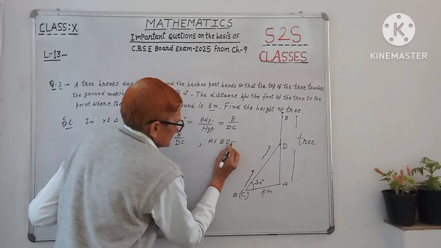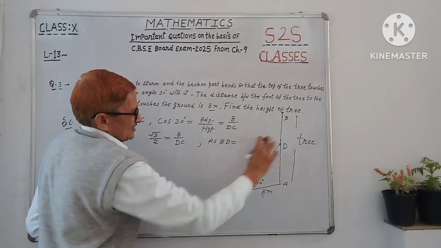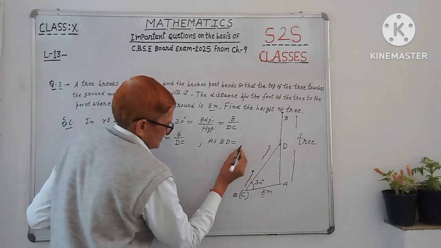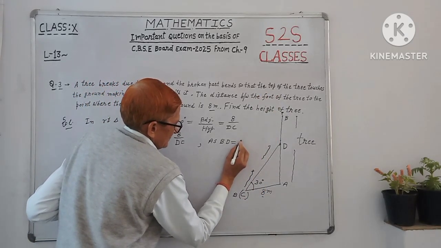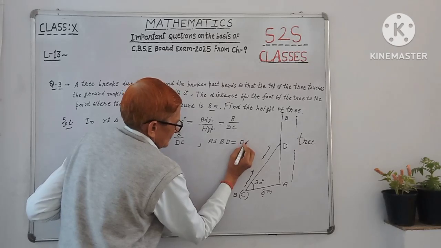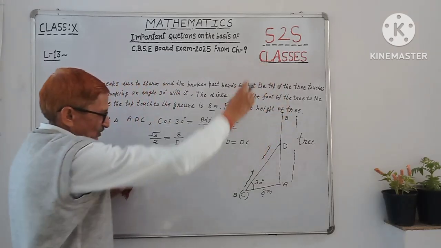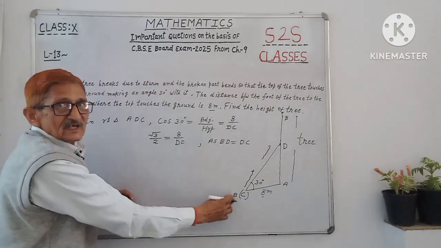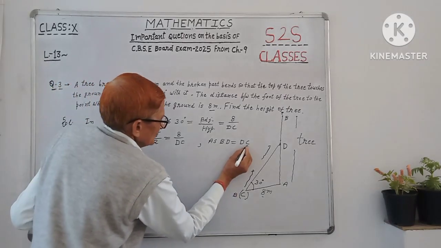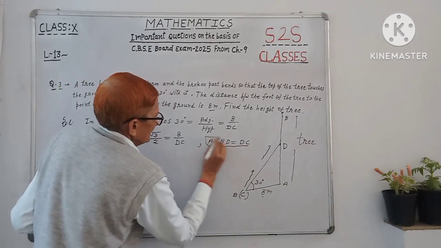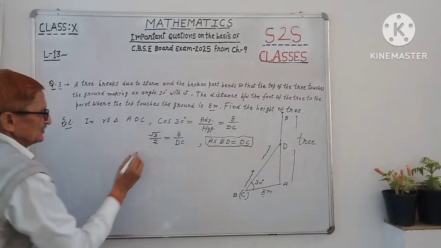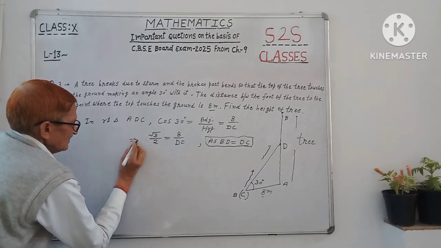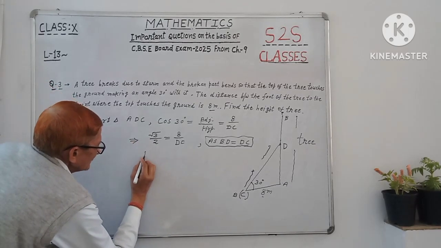bent from the top and touched here, so whatever DB was will be equal to DC. Okay, and point B, the top of the tree, touches the ground here at C, which we take as C. So this is the important point which we have to use. Okay, now find here DC.